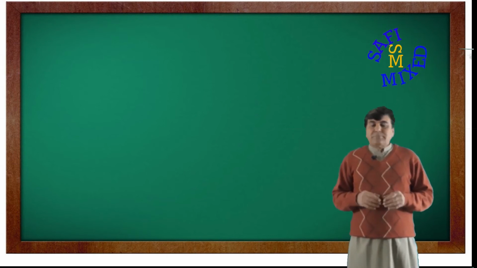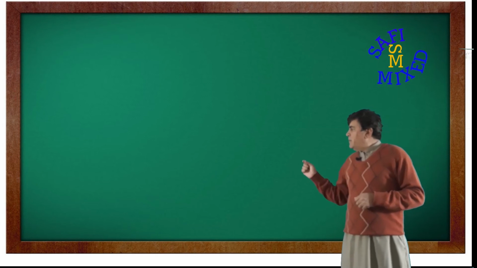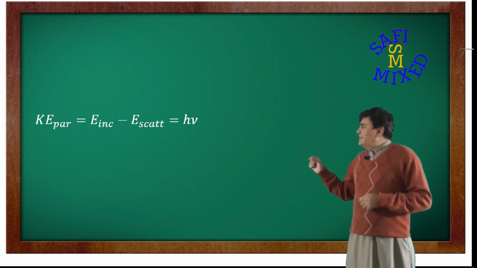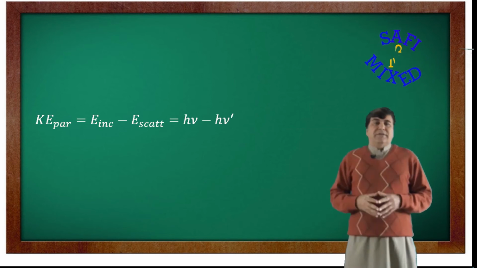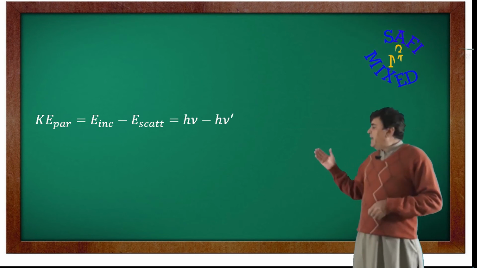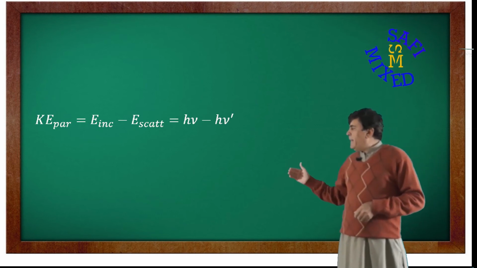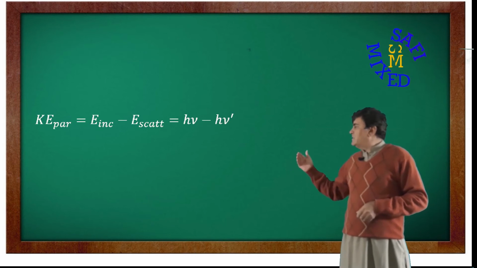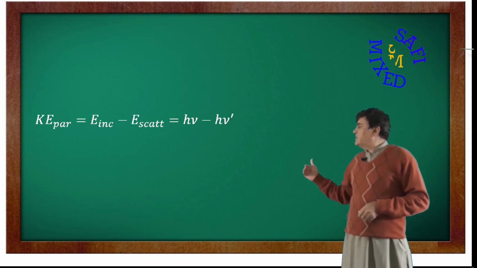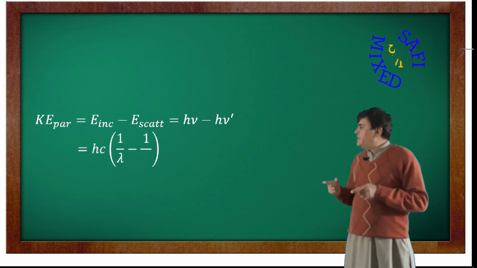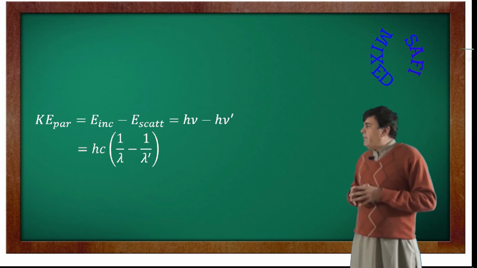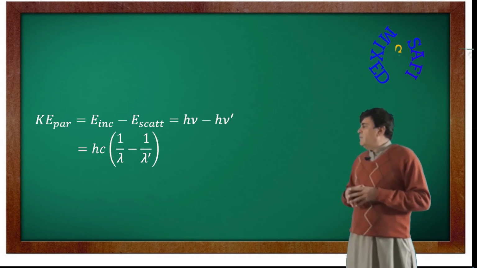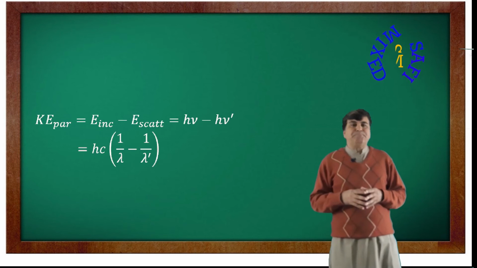That is, kinetic energy of the particle equals the difference of the energies of the incident photon and the scattered photon. Substituting the values, this can be expressed as h nu minus h nu prime, or in terms of wavelength, hc, the whole multiplied with the difference of the inverse of the two wavelengths, that is 1 over lambda minus 1 over lambda prime.